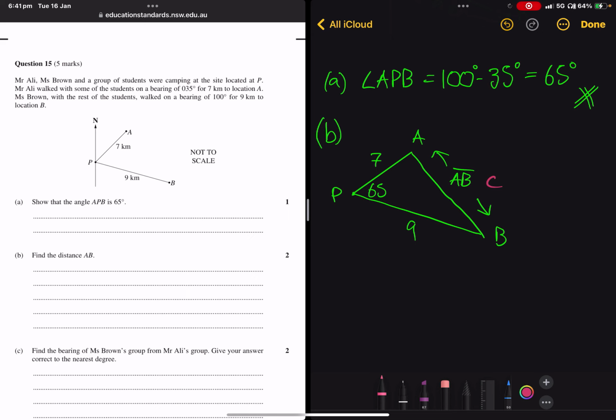This will be C, and then the other two will be A and B, and this will be angle capital C. So our cosine rule for finding a side opposite an angle where you know both side lengths around that angle is C squared is A squared plus B squared minus 2AB cosine of C.